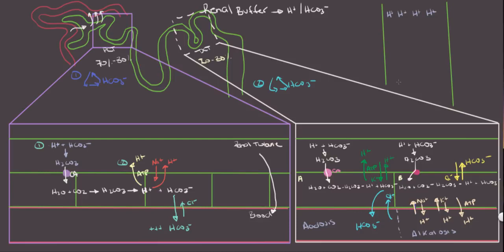The way that the body primarily does that is through NH3 and HPO4. NH3 is actually a byproduct of glutamate within the body. So glutamate's broken down into NH3, and a hydrogen ion can bind to this NH3, forming NH4.